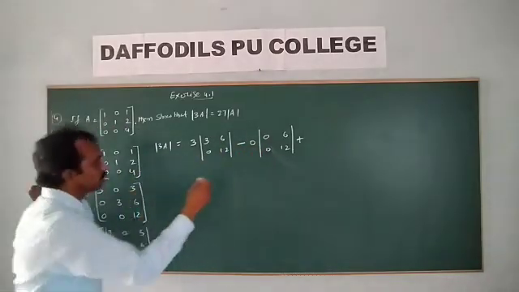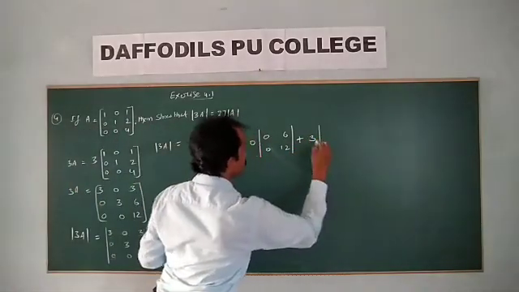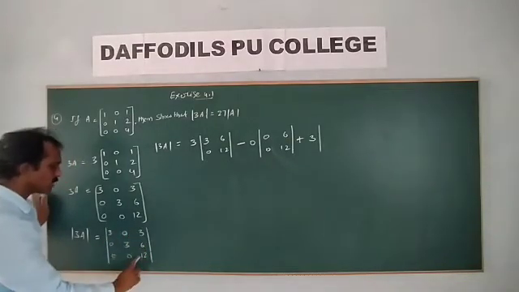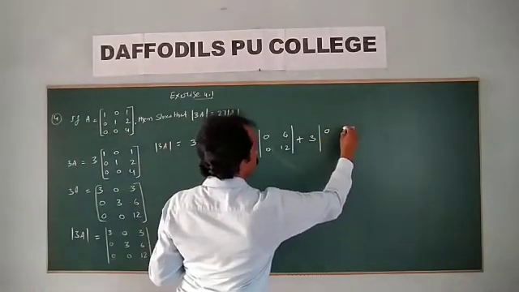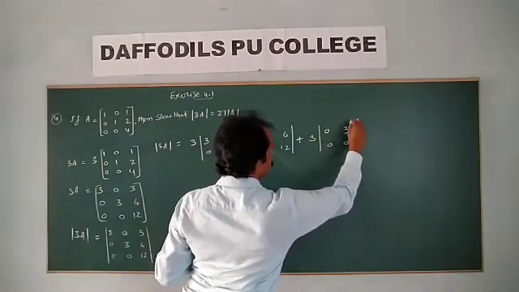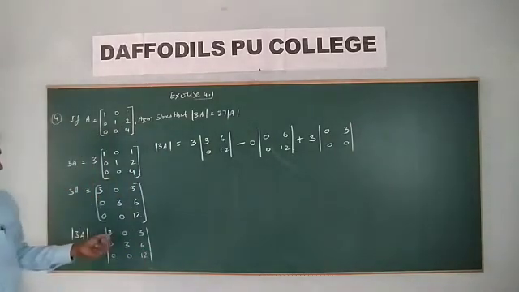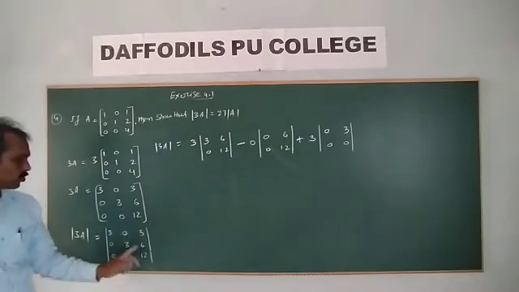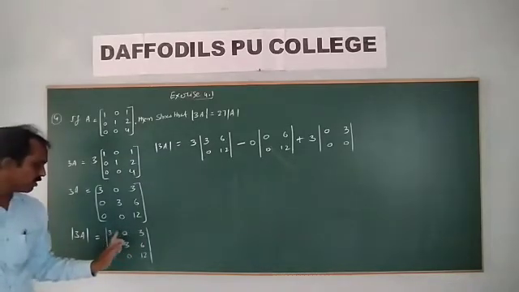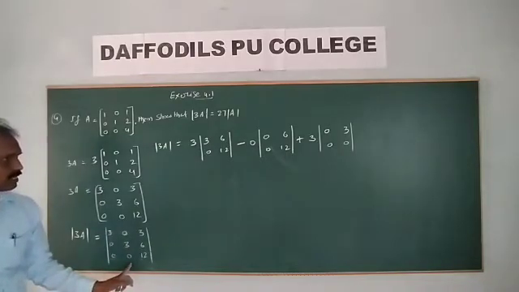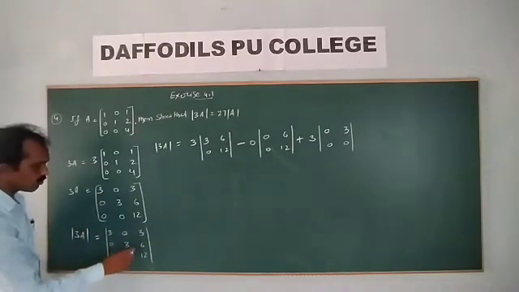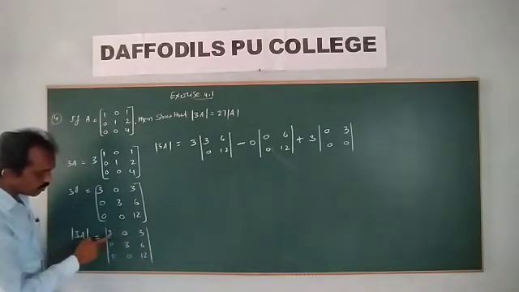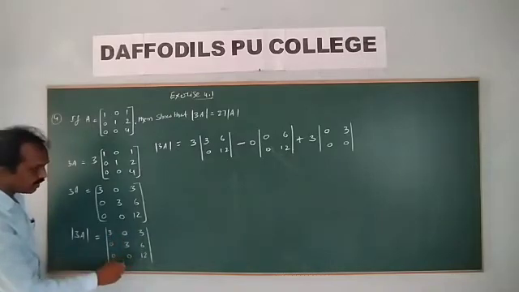That's why we take plus 3 times the determinant after deleting this row and this column, which gives [0, 3; 0, 0]. So, first 3 times the determinant [3, 6; 0, 12], minus 0 times the determinant [0, 6; 0, 12], then plus 3 times [0, 3; 0, 0].